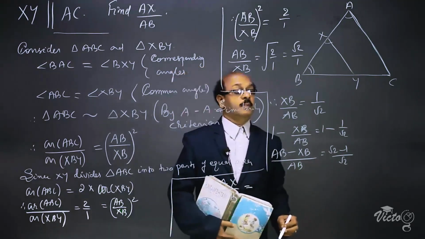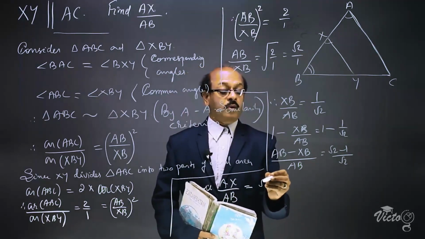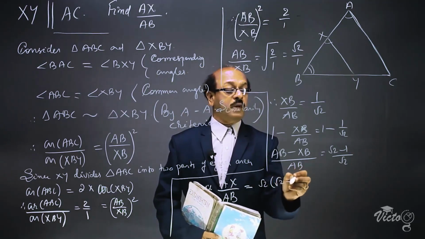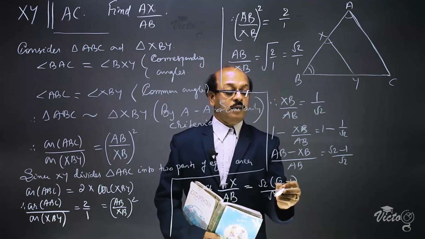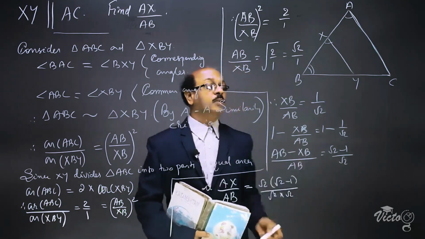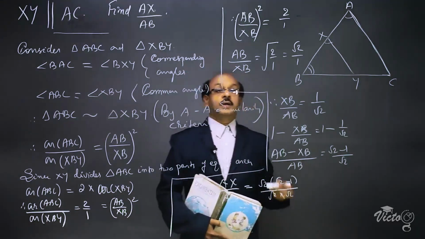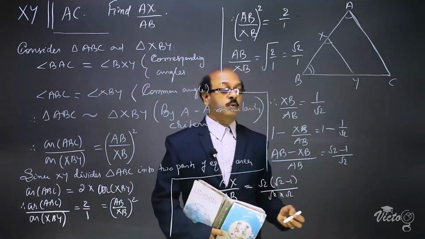AX divided by AB is equal to root 2 into root 2 minus 1 divided by root 2 into root 2. We are multiplying both the numerator and denominator by root 2 for the rationalization of the denominator.